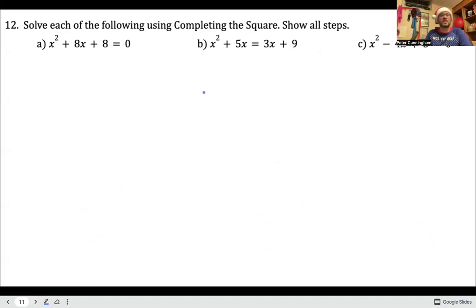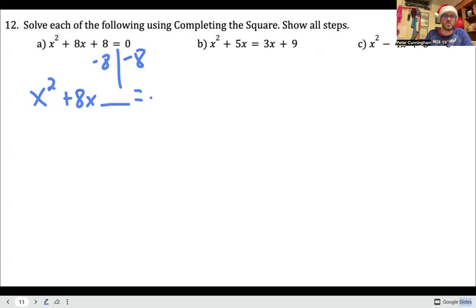All right, speaking of which, let's complete the square to actually find some solutions here. First things first, let's get 8 on both sides here. Remember, we need C away from B. x squared plus 8x, blank, equals negative 8. We're going to divide by 2.